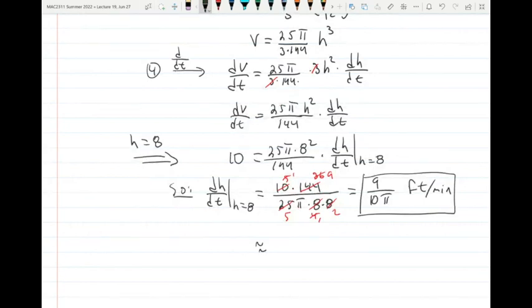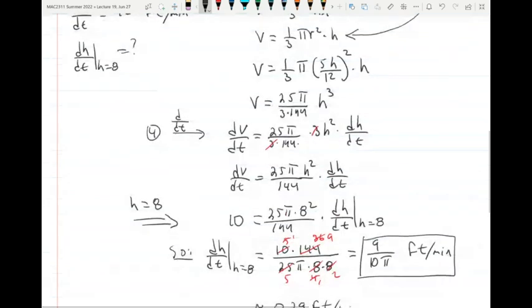And it's always helpful to have an idea of what this is. 10 times pi, flip it, times 9. So this is about 0.29 feet per minute. Okay, that's how fast the water level is rising.